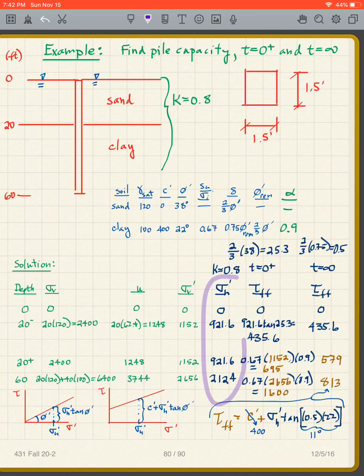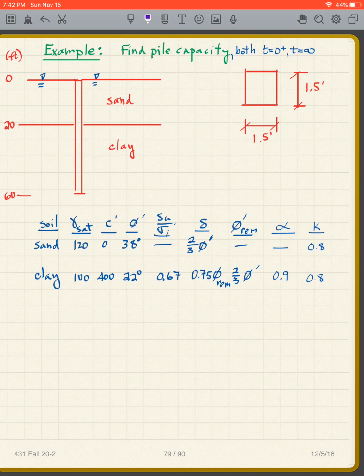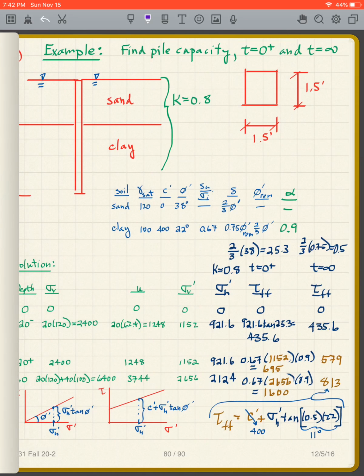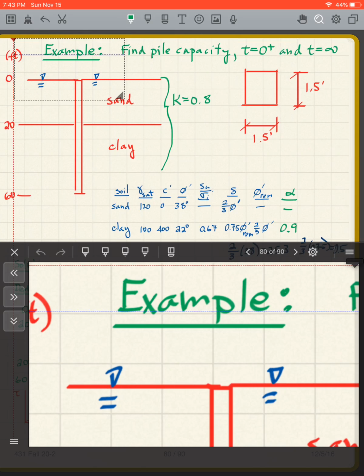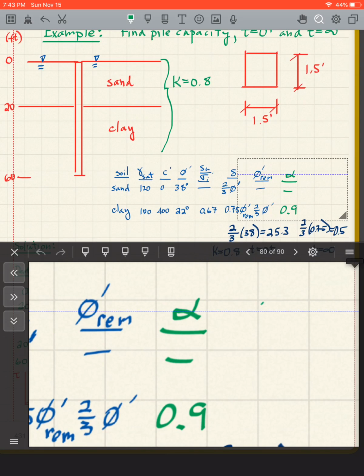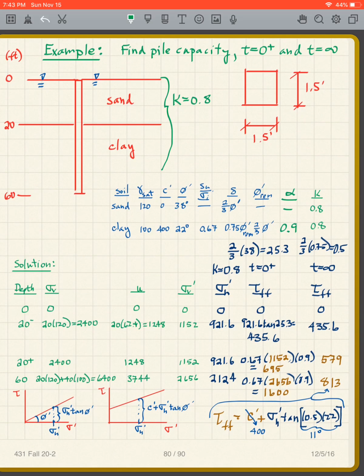I'm going to get my sigma H prime. How do I do that? I use the K values. Someone didn't put it there. What's going on here? There's my K's. My K's are both 0.8, okay? So I kept that simple, so I should probably put those in here. 0.8, 0.8, and those are given.